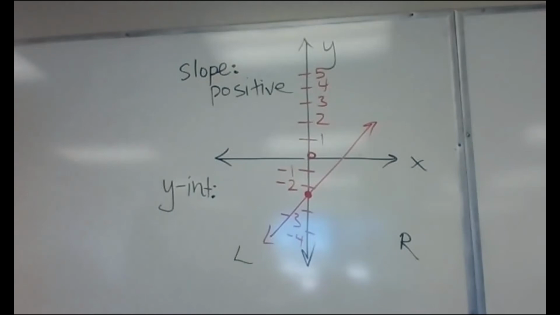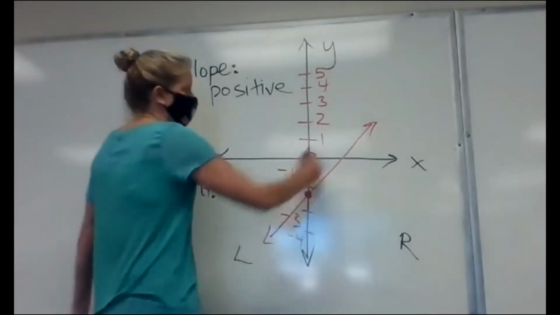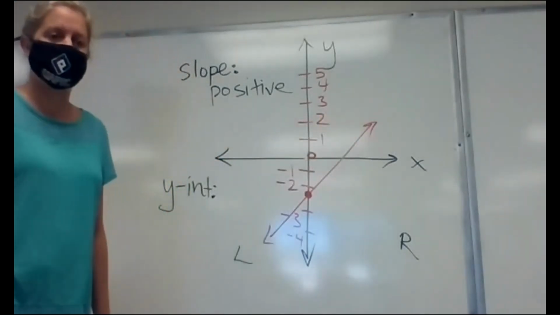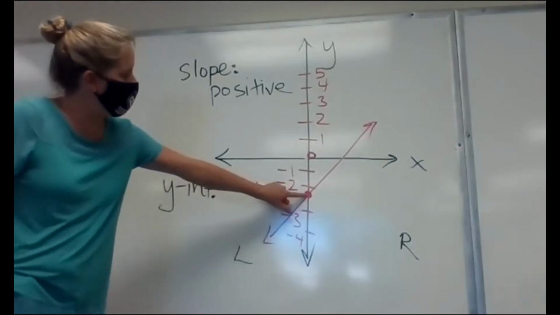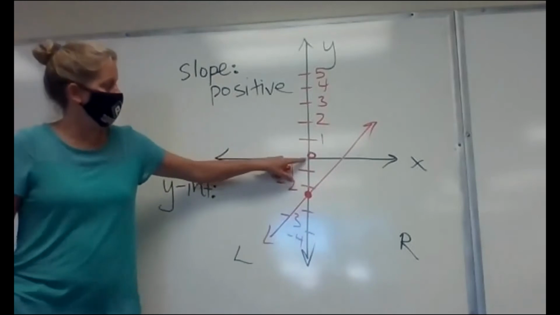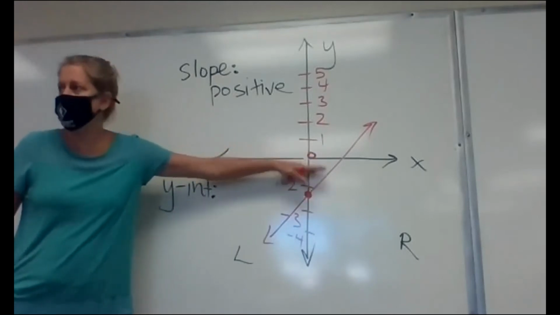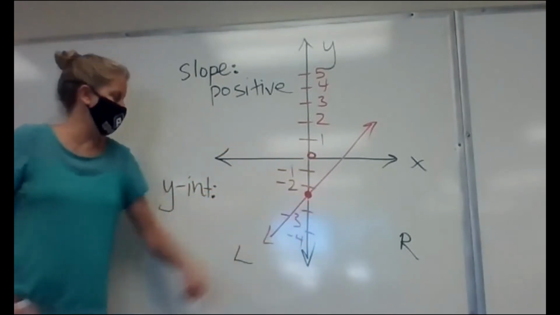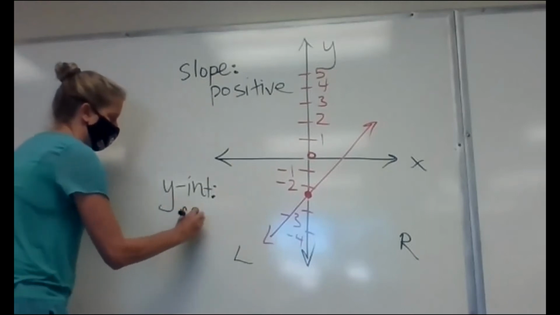It's below 0. So the slope is positive because it goes up from the left side to the right side, but it crosses the y-axis in negative territory, right? Here's 0. If it crosses below here, which it does, that means its y-intercept is negative.